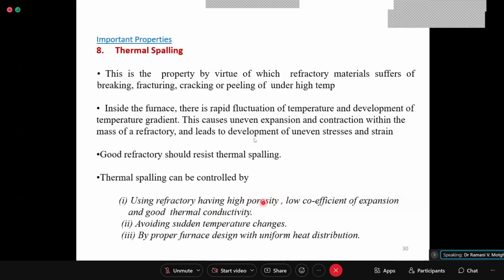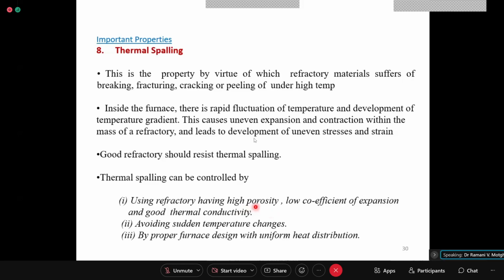Now you see this is like contradicting, because thermal spalling will take place when you are using a porous material in contact with a molten slag or molten metal. Any molten material, whether it is slag or metal, will have a different expansion and contraction coefficient.